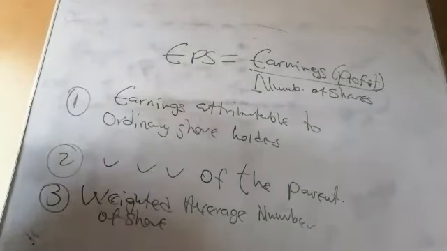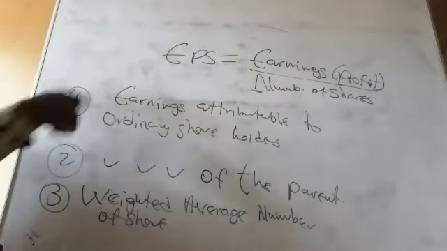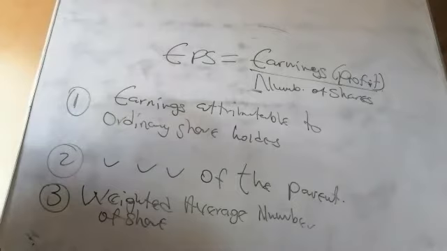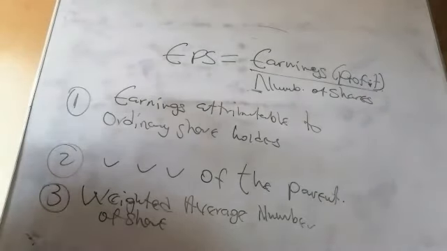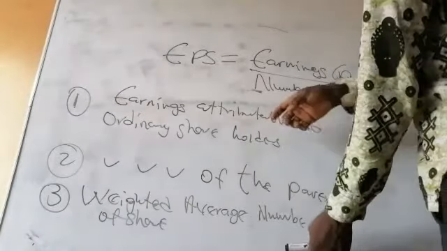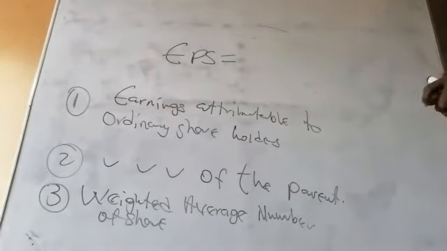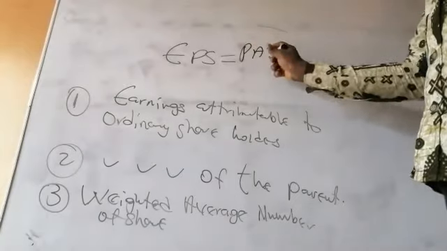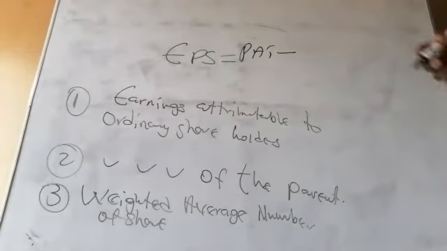Considering this, we have to restructure the formula. The earnings we are talking about must be the one attributable to ordinary shareholders, that is the earnings after tax and after all preference dividend. So the formula will be earnings per share is profit after tax less irredeemable preference dividend.